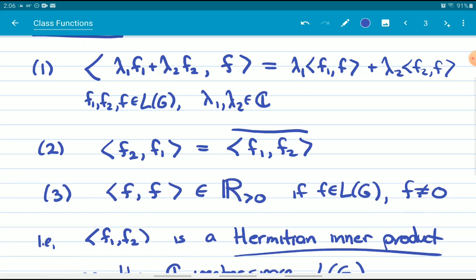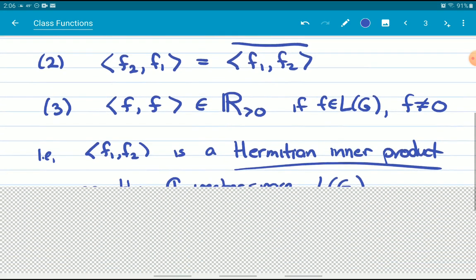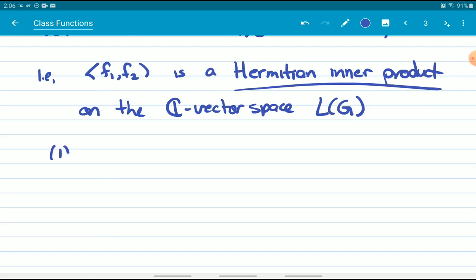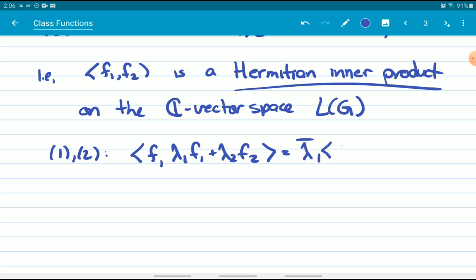Notice from properties 1 and 2, property 1 says that the pairing is linear in the first variable, but from property 2, you learn that the pairing is antilinear in the second variable. So you'll get complex conjugates of these scalars.